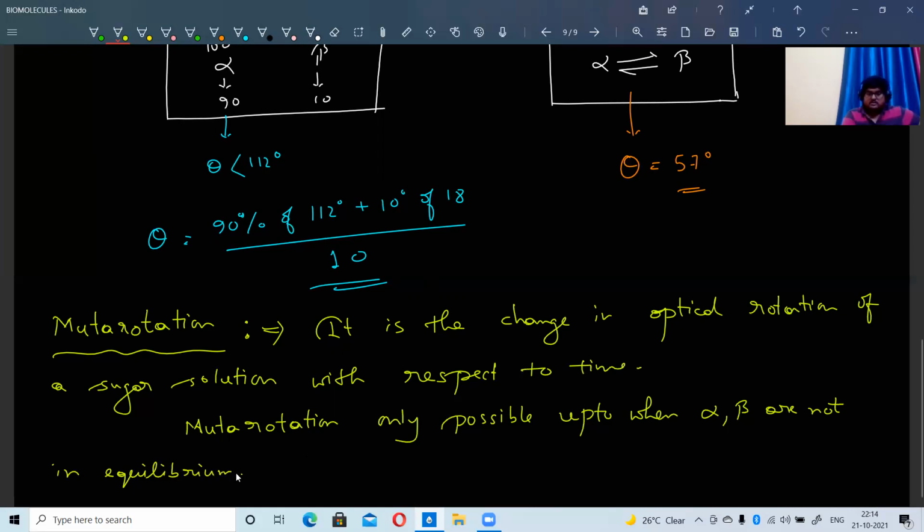Okay, and remember, for mutarotation, at least two cyclic structures should be possible. At least two cyclic structures are required.